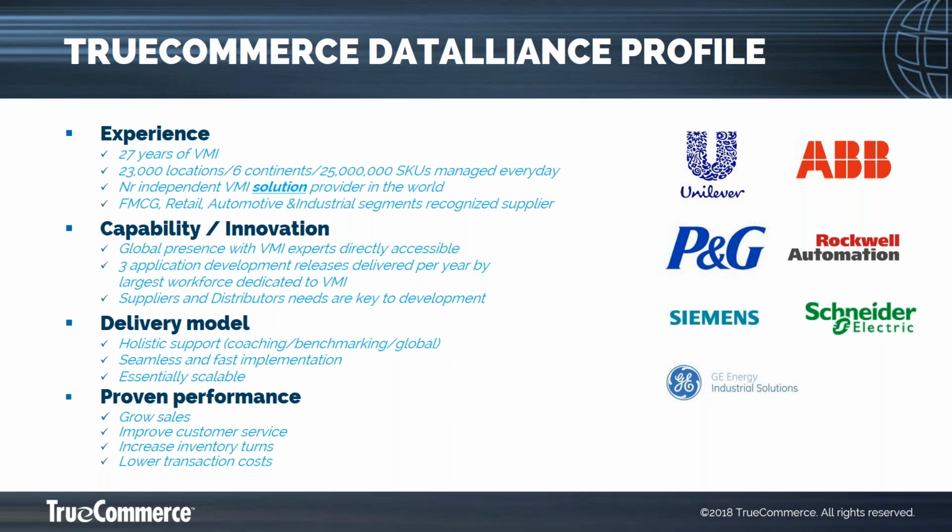We manage on a daily basis 23,000 locations, so ship to, ship from, combining roughly 25 million SKUs. We deliver, talking about innovation, 3 new software releases on a yearly basis. And this is delivered by the largest workforce that is dedicated to VMI on the planet.